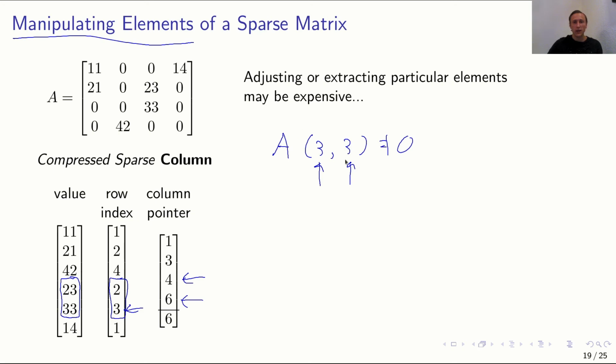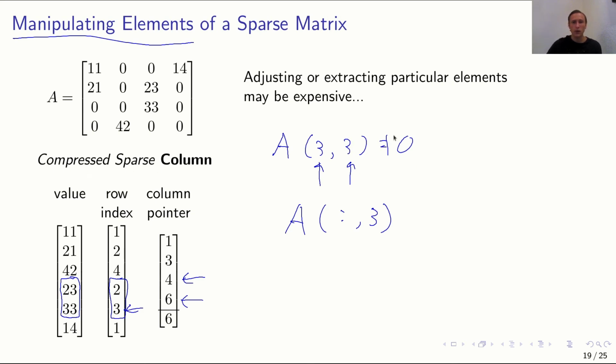So it's always best to avoid these element-wise manipulations of your object. If you do want to manipulate it per element, it's best, of course, if you can do it per column. So say adjust the third column of this object in one go rather than adjusting each element separately.